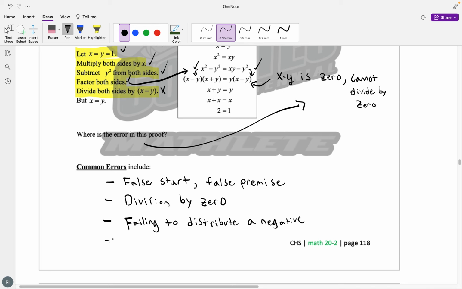And squaring a negative without making it positive.